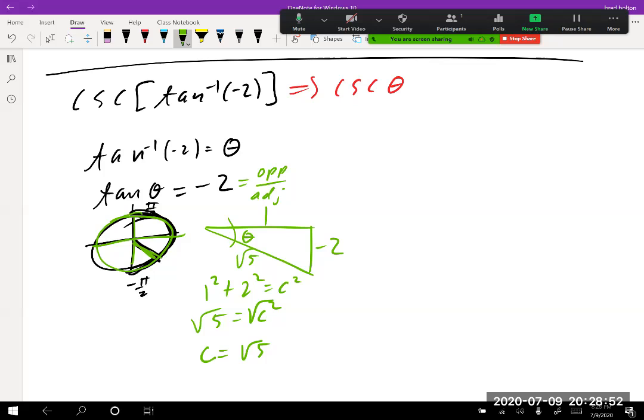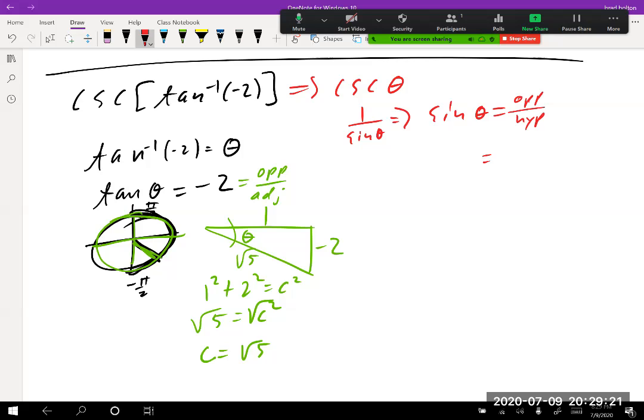So now when they want to know cosecant of theta, remember, cosecant is really 1 over the sine of theta, okay? So in this case, I'd prefer to just find sine of theta and then turn it upside down and use the reciprocal. So the sine of theta is equal to what? Opposite over hypotenuse.